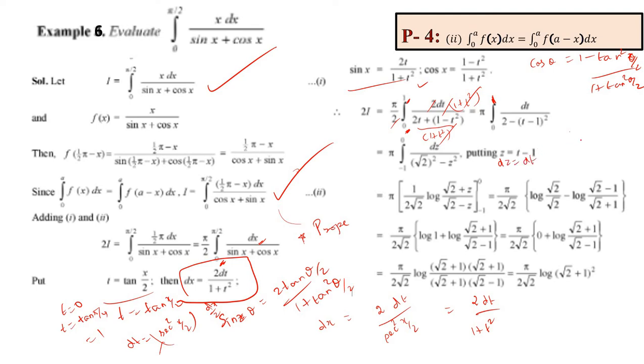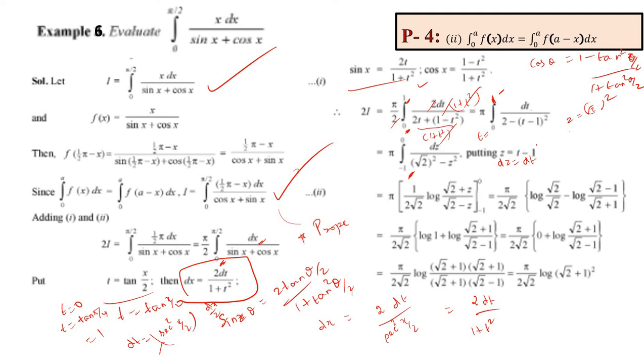When t takes the value 0, z is minus 1. When t takes the value 1, z is 0. So that is what we have here. And dz by square root of 2 is rewritten as root 2 square.